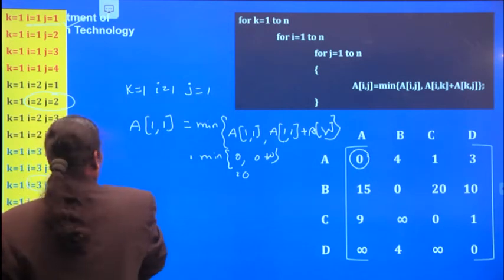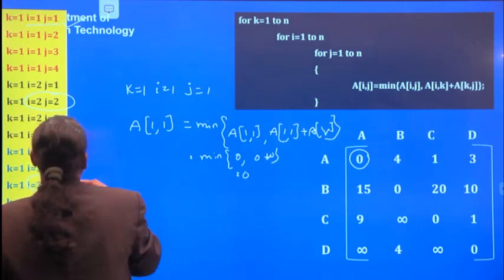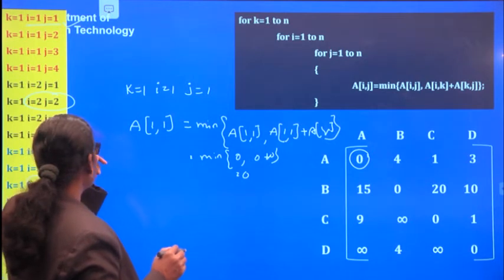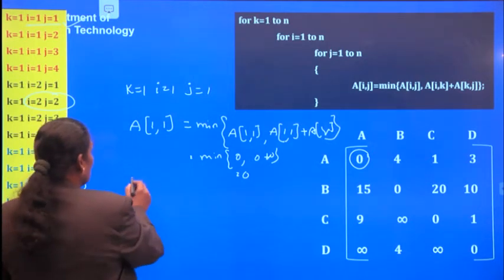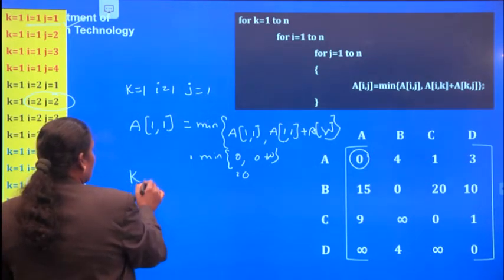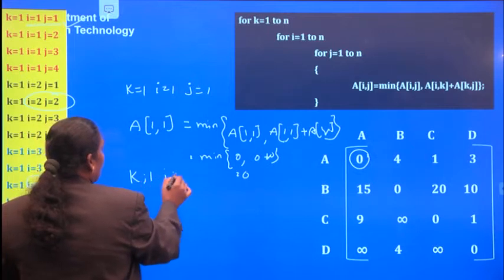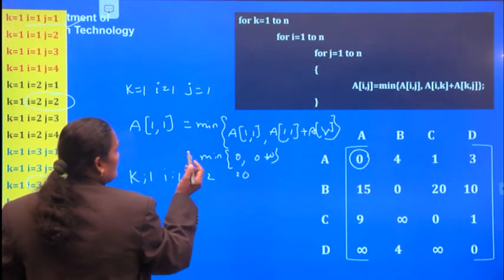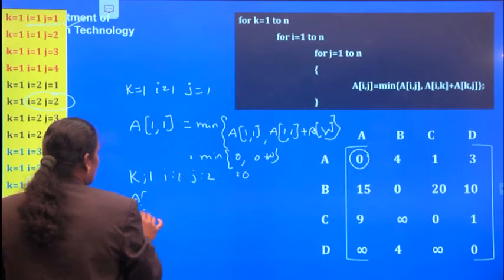So coming to the second case, what is the second case? k is equal to 1, i is equal to 1, j is equal to 2. Now how can I solve this one?